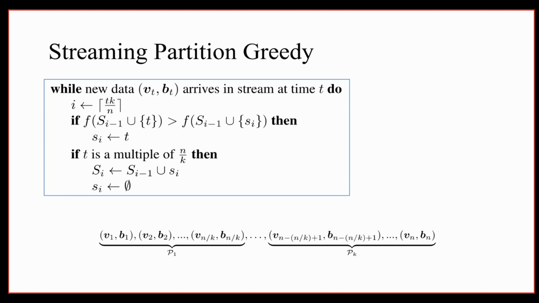So we have this algorithm which we call streaming partition greedy, and it is a generalization of the greedy algorithm. In the greedy algorithm, you have n items and you're allowed k passes. You go over all the items and first pick the item which maximizes the volume for just that.